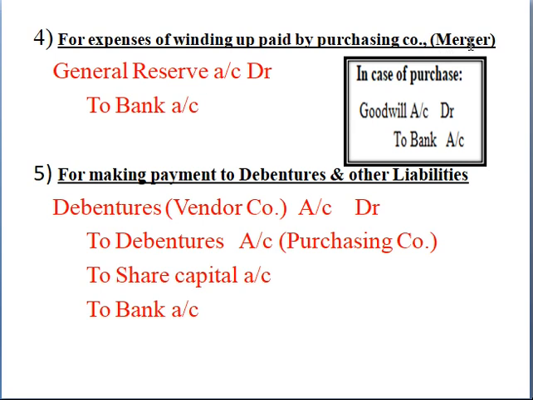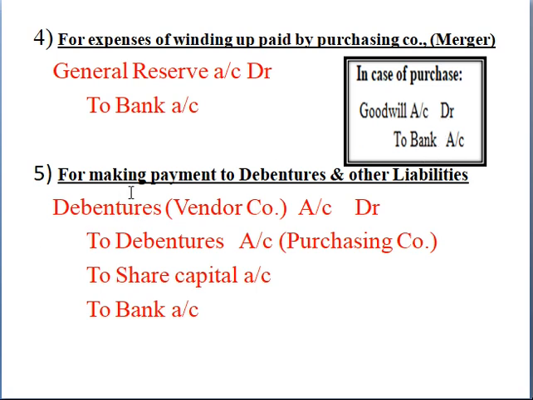If it is a case of merger, your entry is general reserve account debit to bank account. And what is possible in case of a purchase method? If it is in the case of purchase method, it is also an additional expense but enters goodwill, right? So goodwill account debit to bank account.